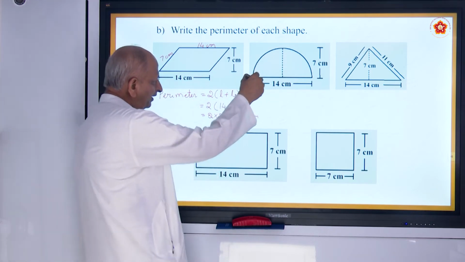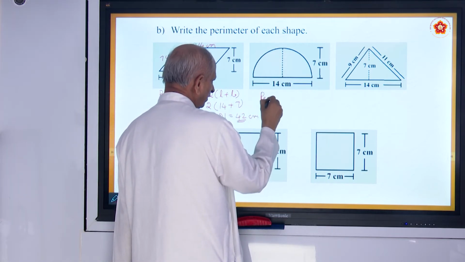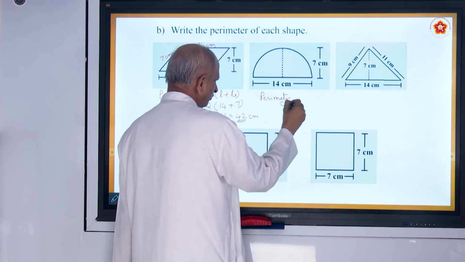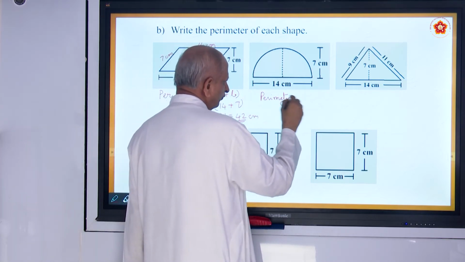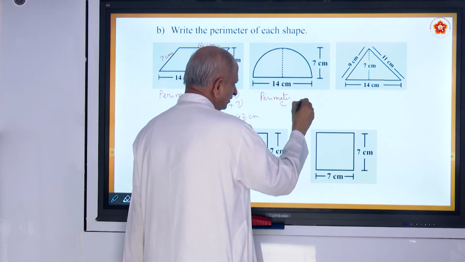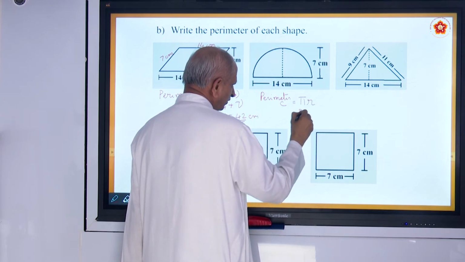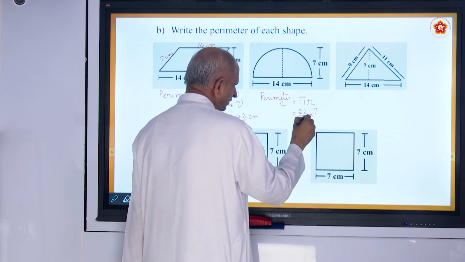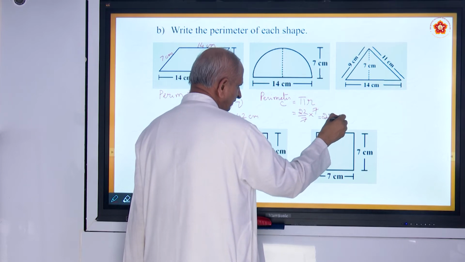What is the perimeter of this now? So perimeter, if you call it as C, is equal to half of the circle. So full circle is 2 pi r, half of that is pi r. Pi is 22 by 7 into r is 7. So 7 cancels, you get 22 centimeters.